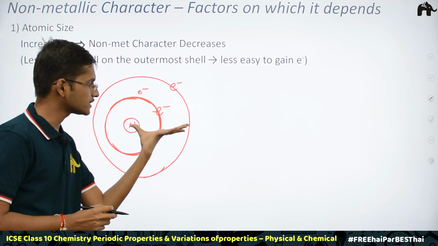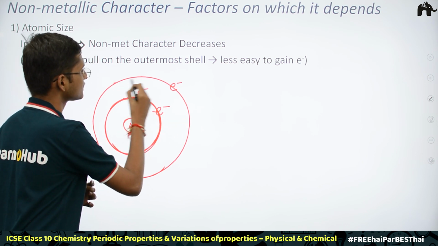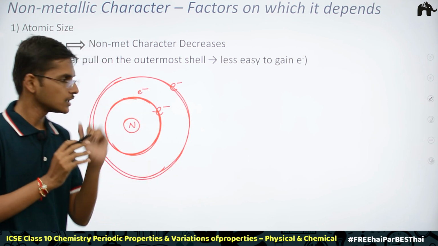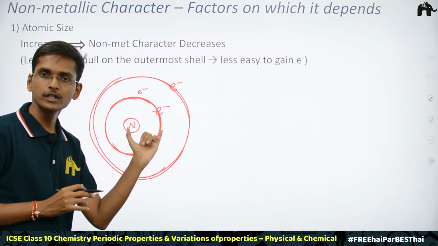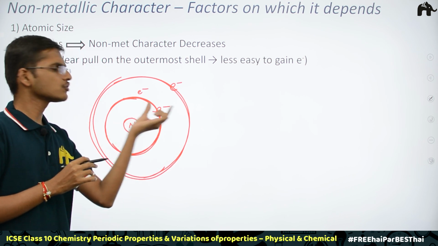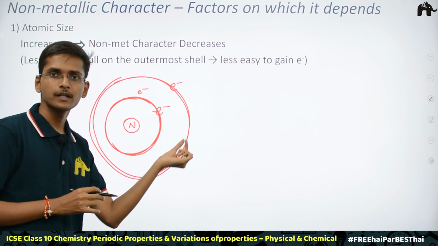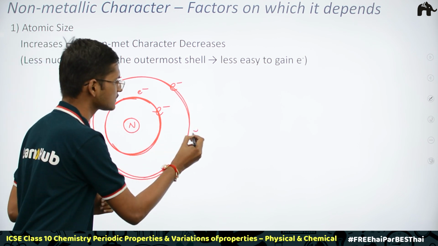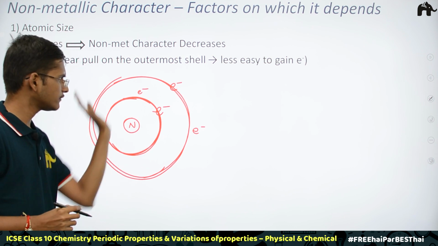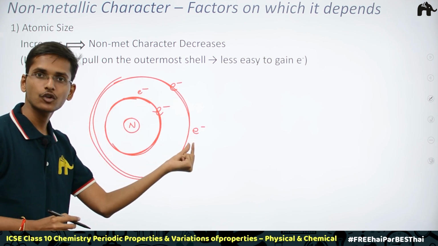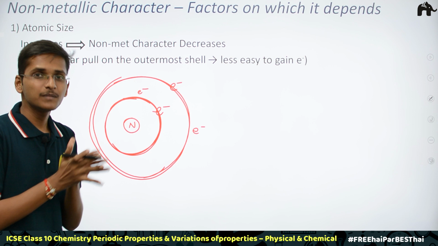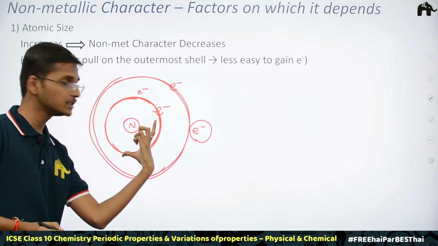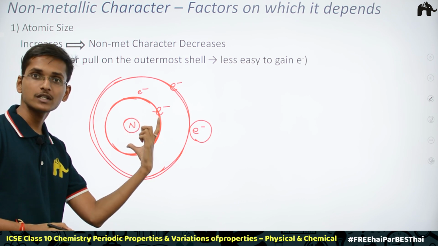Now look at the second case. Here the size has increased, so the outermost shell has moved farther from the nucleus. The attractive influence of the nucleus on the outermost shell would definitely be less than in the previous case. So when an electron comes nearby and this atom tries to gain it, it would be considerably difficult for this atom to gain the electron as compared to the atom with smaller size.